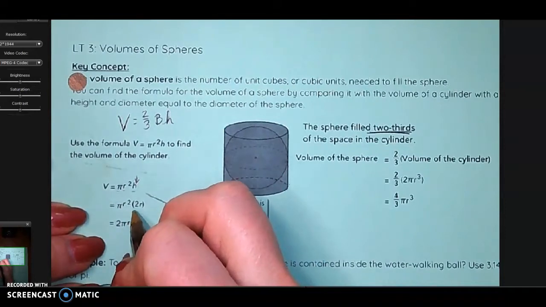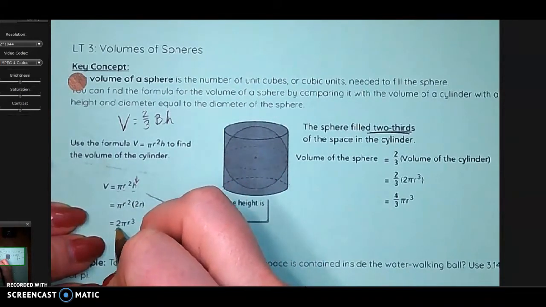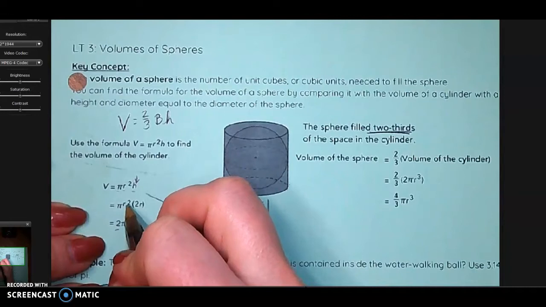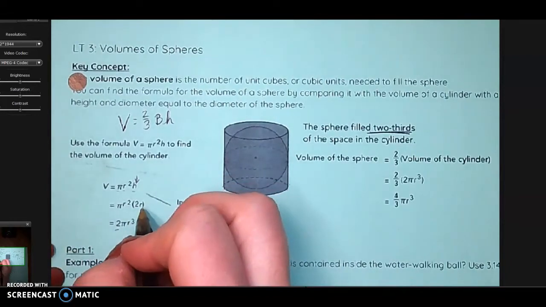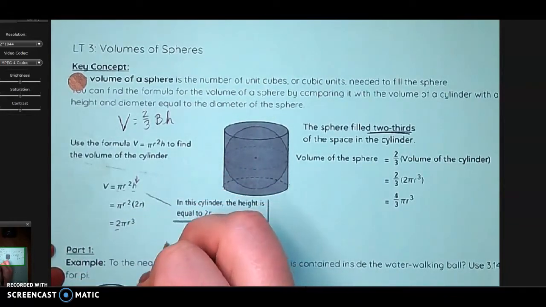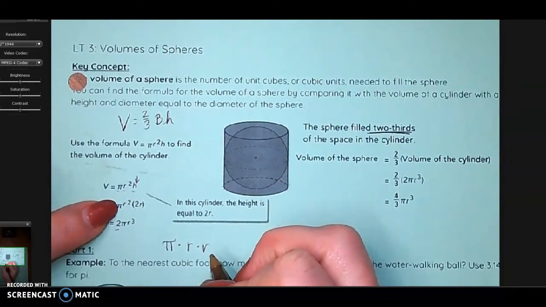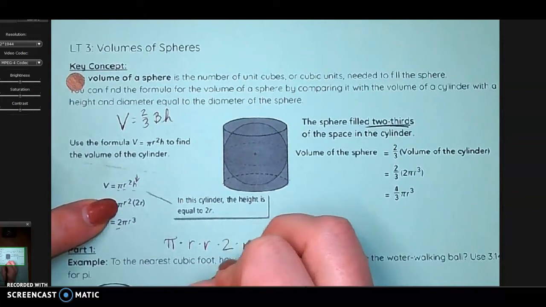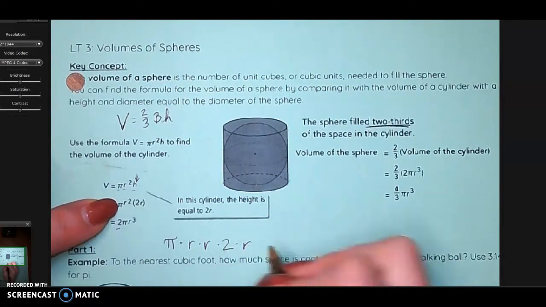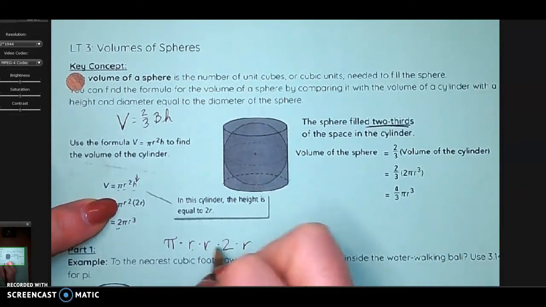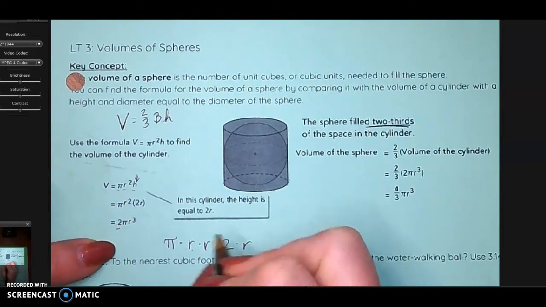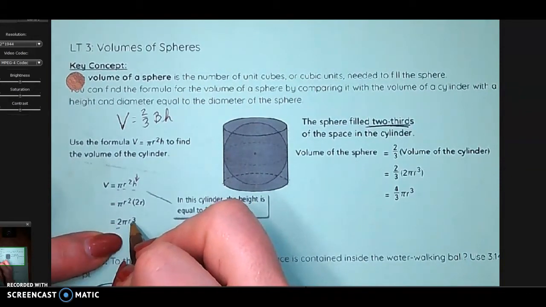So that means I've got a 2, which goes up front, and I'm multiplying times the radius. If I have pi times r, that's what r squared is, times 2 times r. This is all multiplication, so I have 1, 2, 3 radiuses. So that's where I'm getting this radius cubed from.